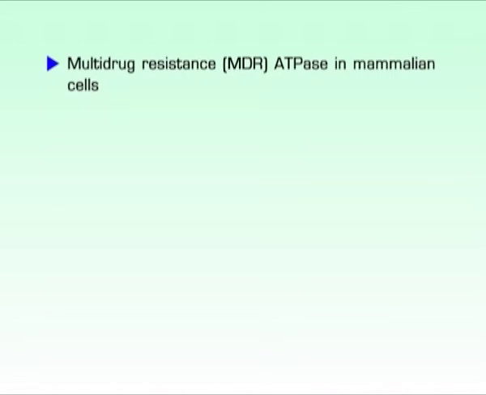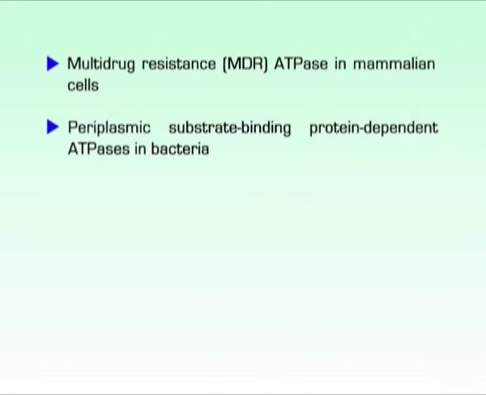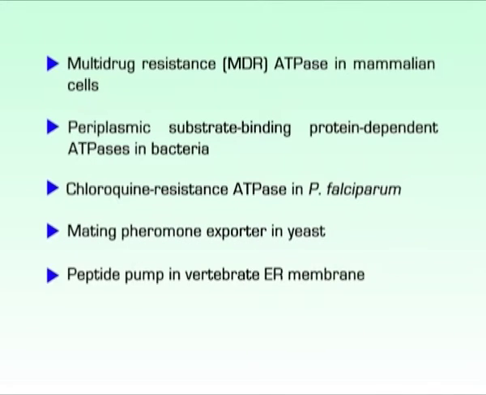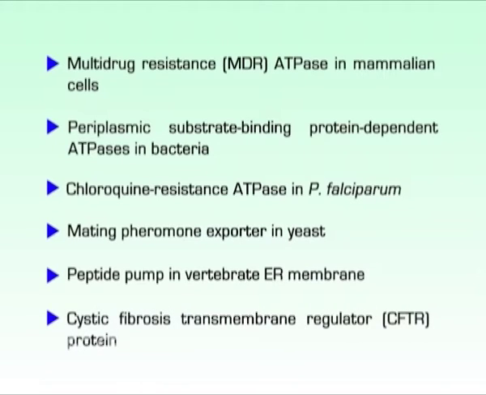The ABC superfamily includes bacterial amino acid and sugar permeases and about 50 mammalian transport proteins like multi-drug resistance, MDR, ATPase in mammalian cells, periplasmic substrate binding protein-dependent ATPases in bacteria, chloroquine resistance ATPase in Plasmodium falciparum, mating pheromone exporter in yeast, peptide pump in vertebrate endoplasmic reticulum membrane, cystic fibrosis transmembrane regulator CFTR protein, to name a few.